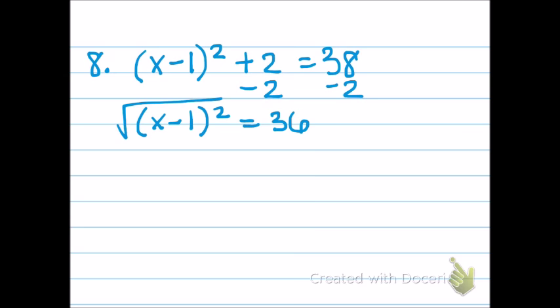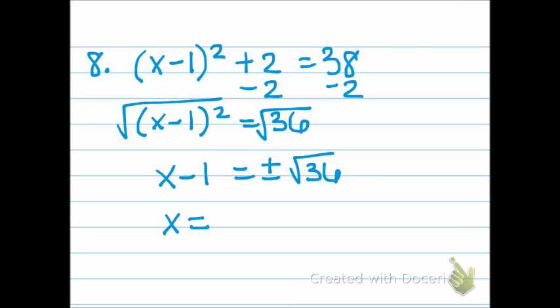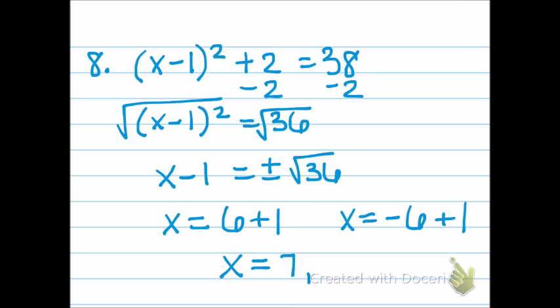When we square root both sides, we get x minus 1 equals plus or minus the square root of 36. x then equals, since the square root of 36 is 6, 6 plus 1, or x equals negative 6 plus 1. So our answers are x equals 7 and x equals negative 5.